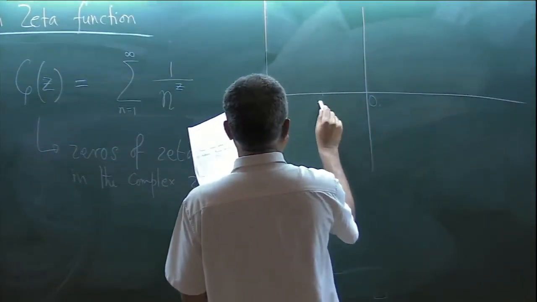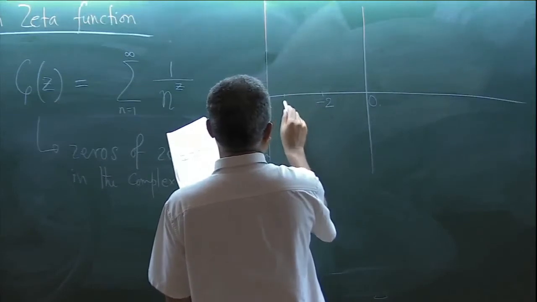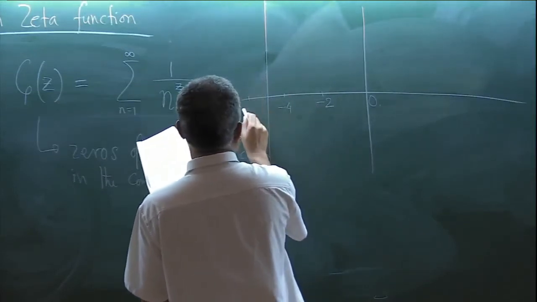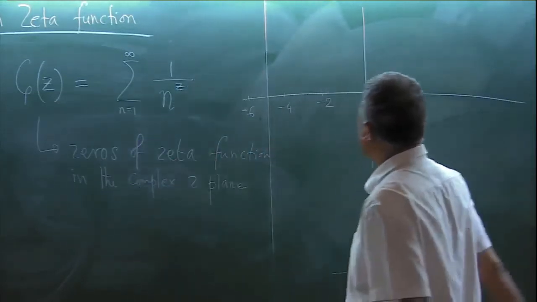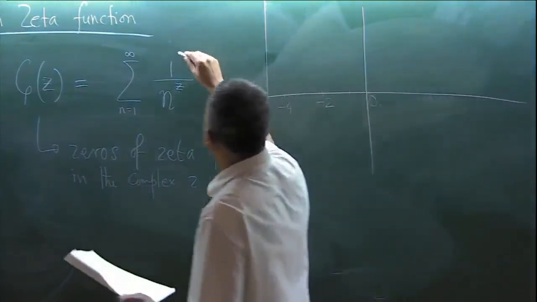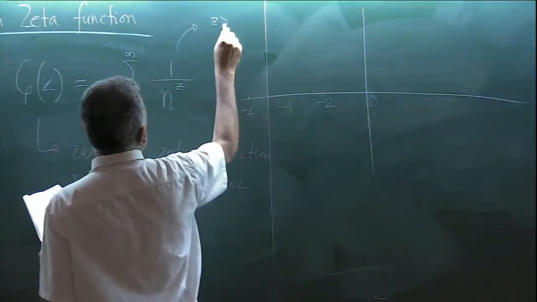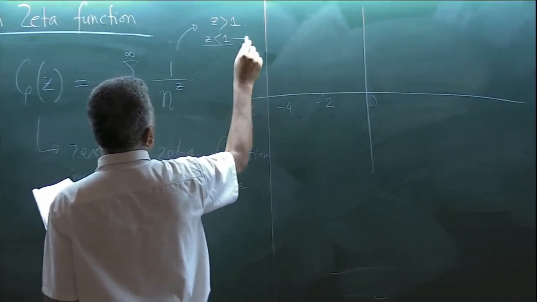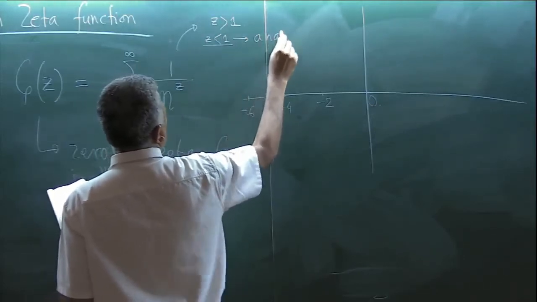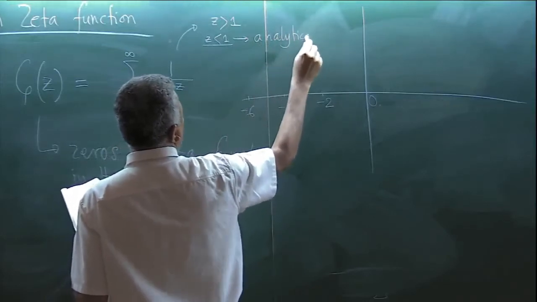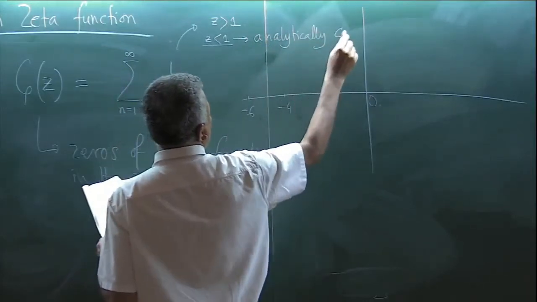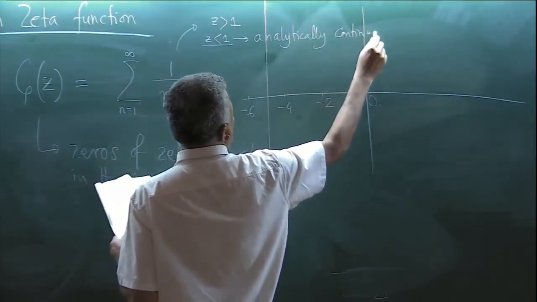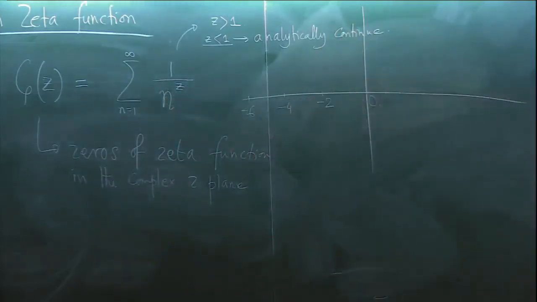So there are these poles here at -2, -4, -6, etc. So this is defined for z strictly bigger than 1, and for z less than 1, you have to analytically continue. Okay? So there are some trivial zeros of the zeta function.